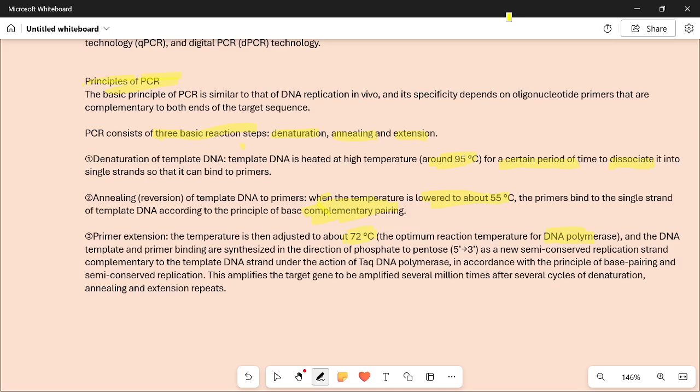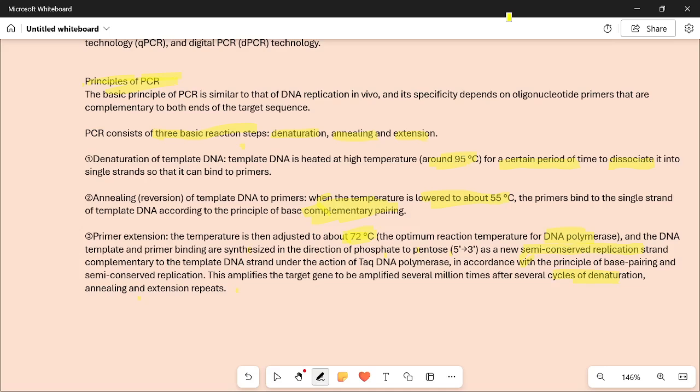When the temperature is set at about 72 degrees Celsius, the DNA template and the primer binding are synthesized in the 5' to 3' direction, and a new strand complementary to the template DNA strand is made under the action of Taq DNA polymerase, in accordance with the principle of base pairing and semi-conserved replication. So we get newly synthesized DNA. This amplifies the target gene several million times after several cycles of denaturation, annealing, and extension.